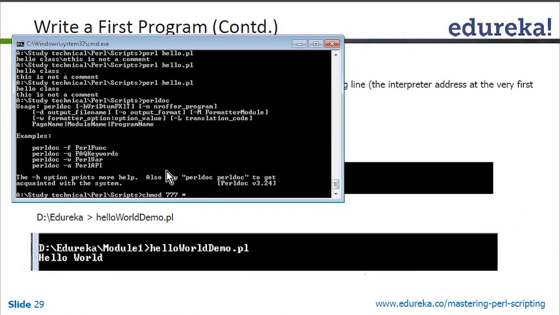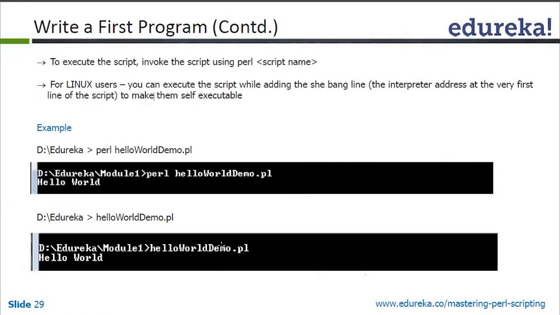You can do that for all the files in this directory, or you can just do chmod plus x to put the execute permission only on a specific file. If you make it executable, you need not write perl and filename.pl. You can directly execute the .pl file. That is on Linux, but since I don't have Linux here, I'll follow the Windows convention.